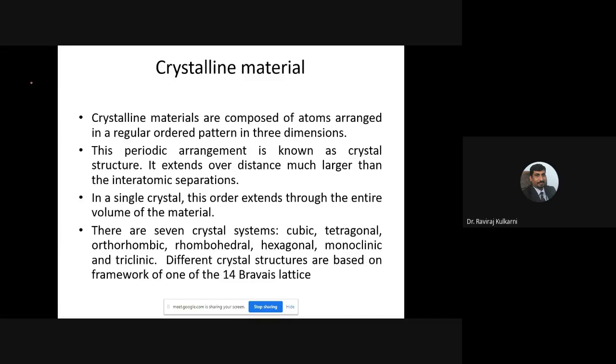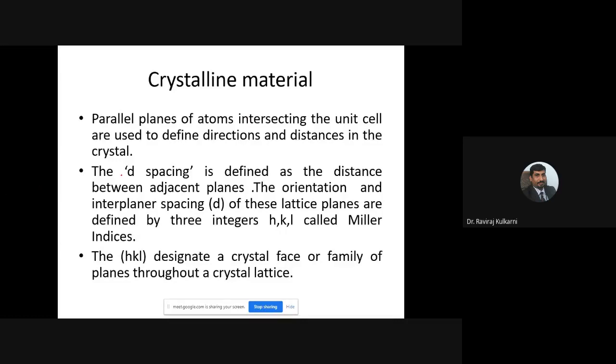What are the 7 crystal systems? Cubic, tetragonal, orthorhombic, rhombohedral, hexagonal, monoclinic, and triclinic. Different crystal structures are based on the framework of one of the 14 Bravais lattices. You studied these at PUC level, and I don't want to go into detail. In crystalline materials, parallel planes of atoms intersecting the unit cell are used to define directions and distances in the crystal.